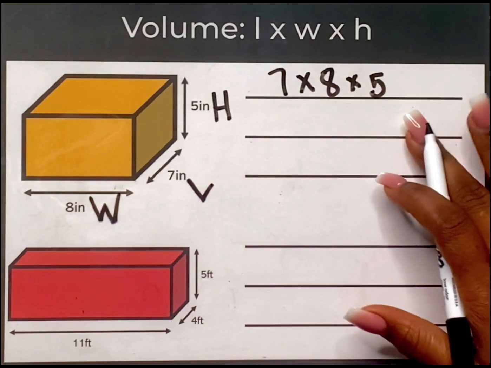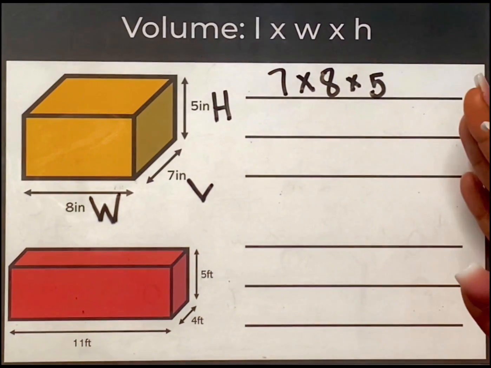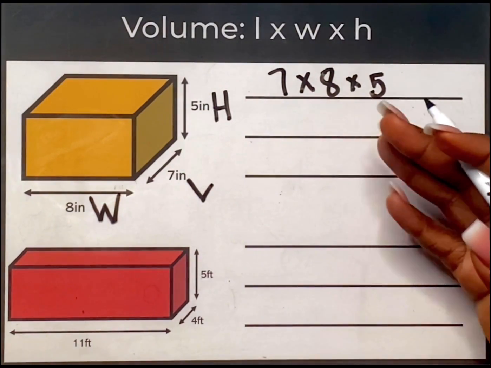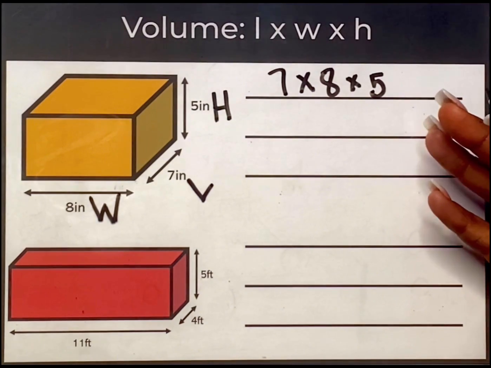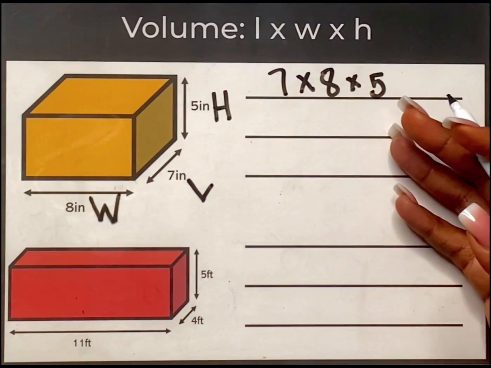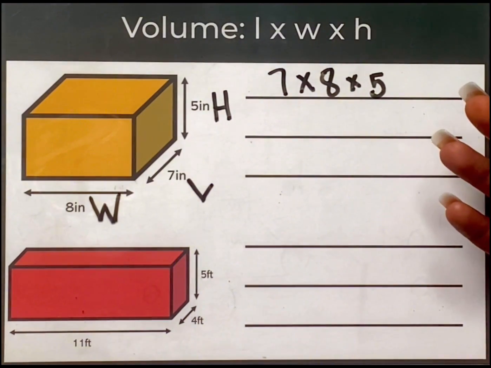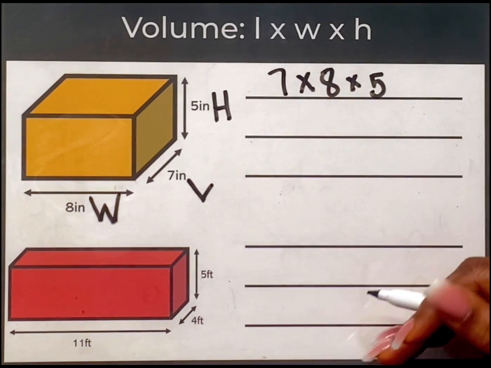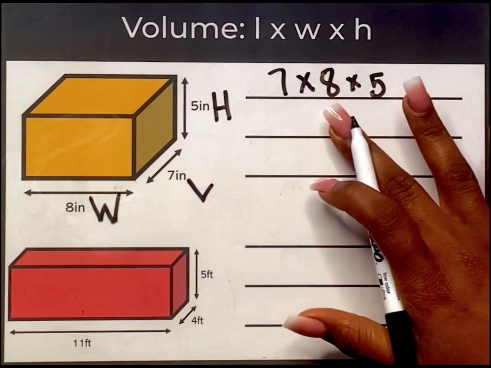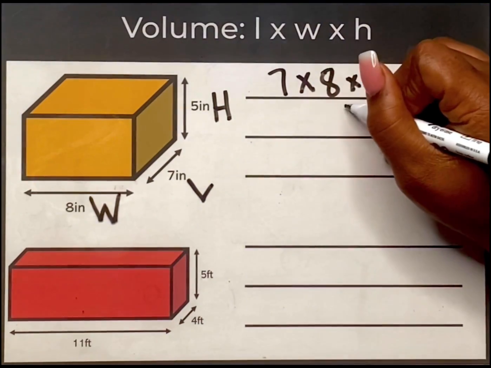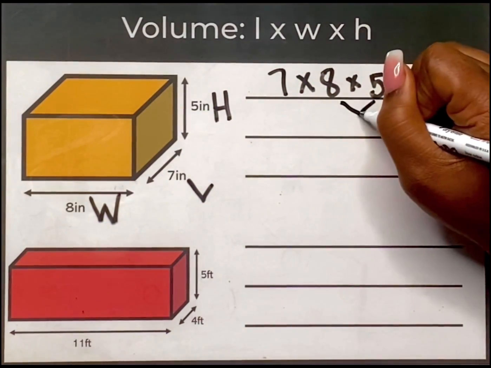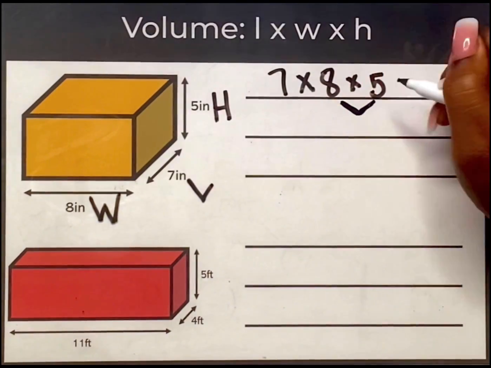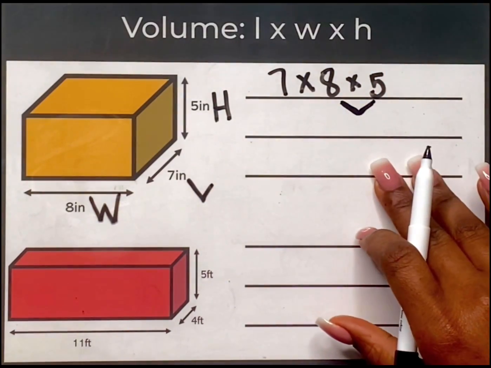So in this expression, I see 7 times 8 times 5. I know if I multiply 8 times 5, I'm going to get 40. It's a multiple of 5, so I'm going to have either 0 or 5 in my ones place. So I know this is going to give me an easier number to work with. So I'm going to do these two factors first.